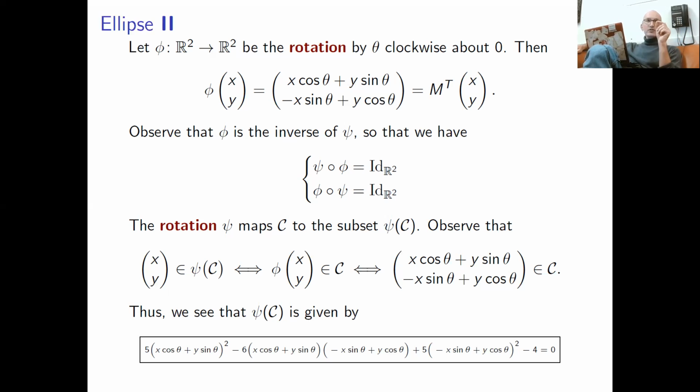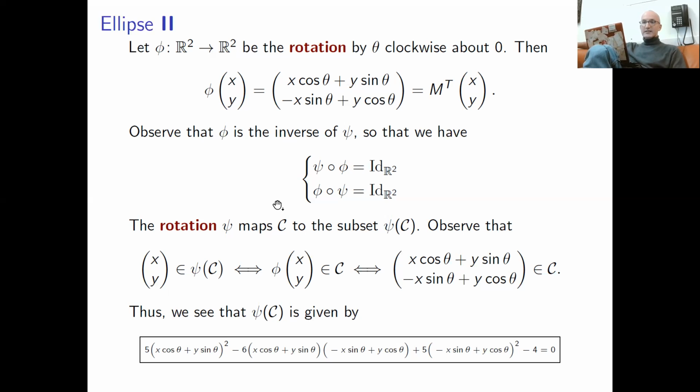If we only have an x squared term, a y squared term, and a constant term, this equation is actually quite easy to plot. The xy part makes it a little bit more complicated to plot. So this is what we actually want to do. We want to simplify the defining equation of the curve C.